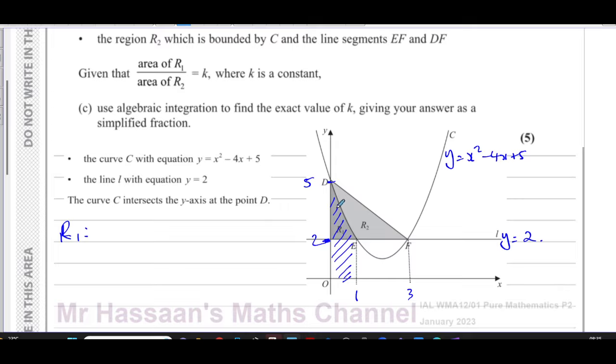So if I integrate between 0 and 1, the limits, the equation of the curve x squared minus 4x plus 5 with respect to x, it gives me this whole area. And if I take away from that the area of this rectangle, which is 2 times 1, then that's going to give me the area of R1.